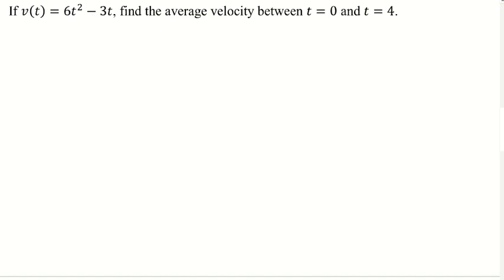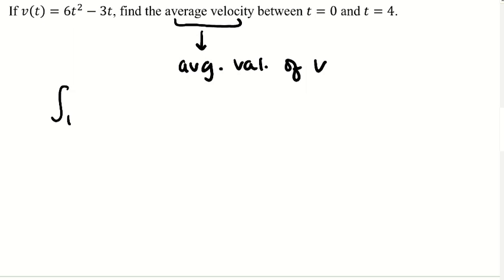Here we've got a particle motion problem. Velocity given by 6t squared minus 3t. Find the average velocity between t equals 0 and t equals 4. Well, this really means the average value of v. Okay, so average value of v, which is going to be the integral from 0 to 4 of v of t divided by 4 minus 0.